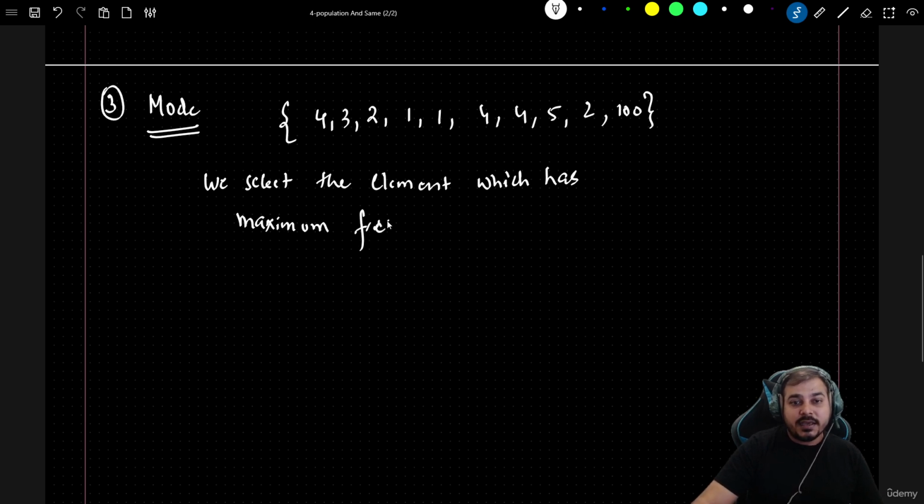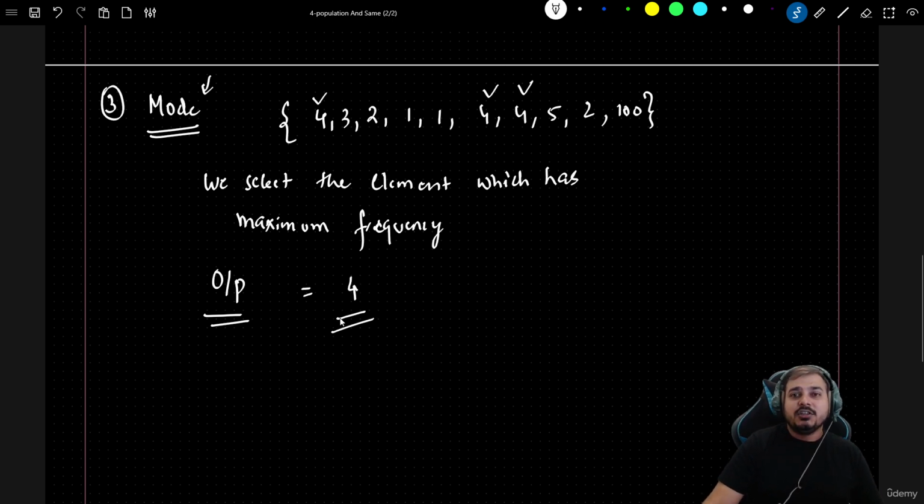In this particular case, if I want to find the measure of central tendency using the mode, my output will be the most frequent element. Over here you can see 1 is present 2 times, 4 is present 3 times. So I can select 4 as my output, right? Even though there are outliers, the mode will focus on selecting the most frequent element, right?